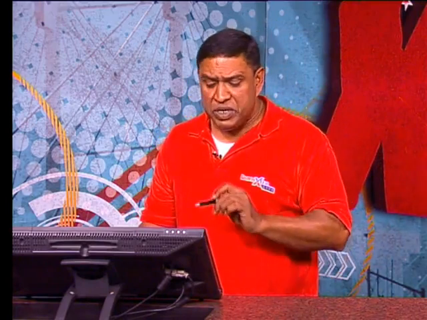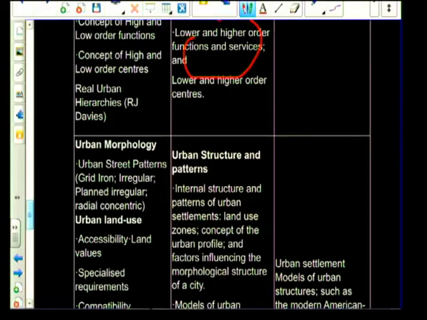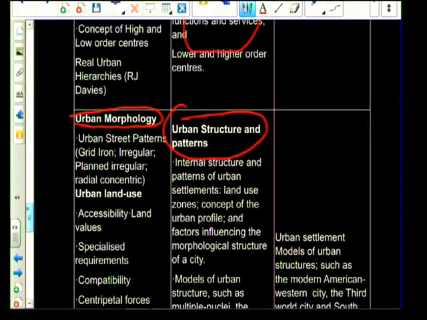The next one, looking at your urban morphology, where we look at all the models, urban structure and patterns, just a new name. All right? I would say, although this has not been mentioned fully here, doing the patterns gives you a better understanding of the area.